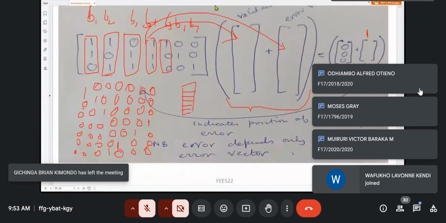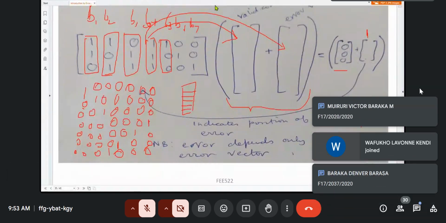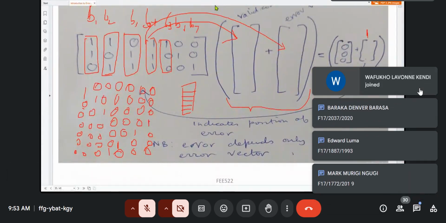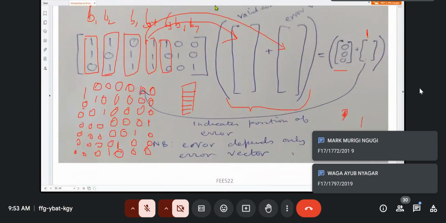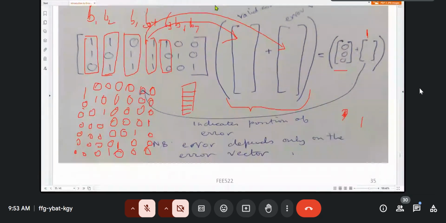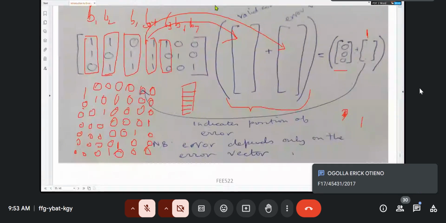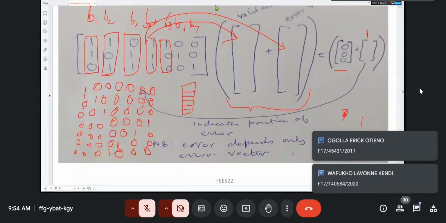But that is not the measure of validity, because you can have some which are more than 3, but they are valid or invalid.